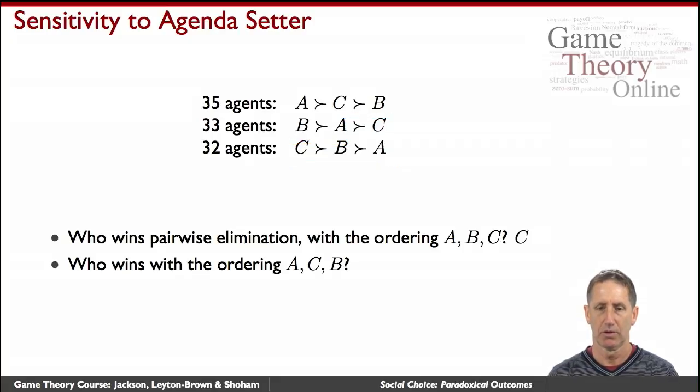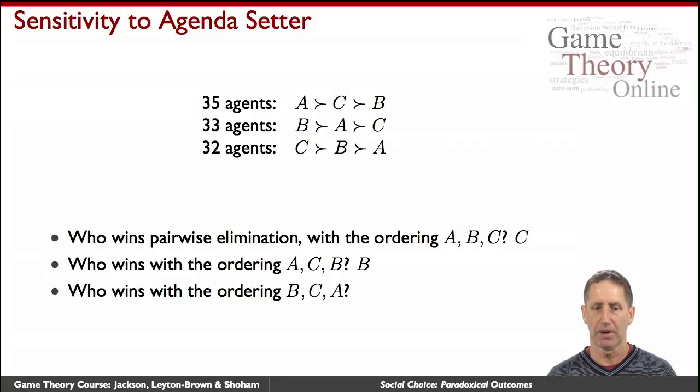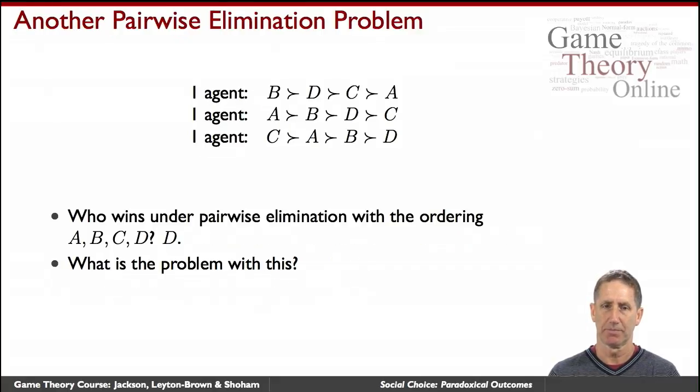What happens with another ordering, like ACB? Again, you might want to pause the video, and by the time you resume, you'll realize that in this case B would be the winner. And perhaps not surprisingly, when you ask about the third ordering, BCA, you'll see that A would be the winner then. And so it's a little perhaps disconcerting that the same voting scheme, merely by deciding on the order in which you run it, will lead to very different results.